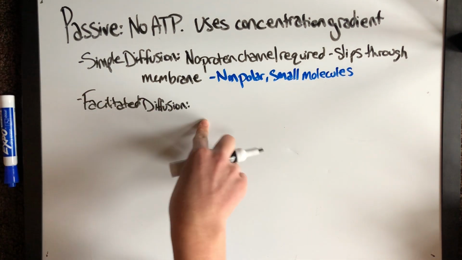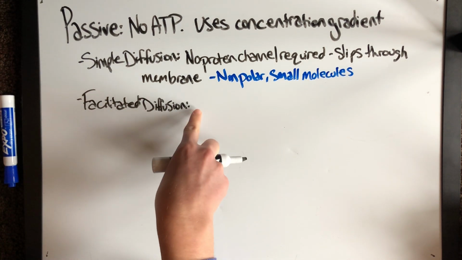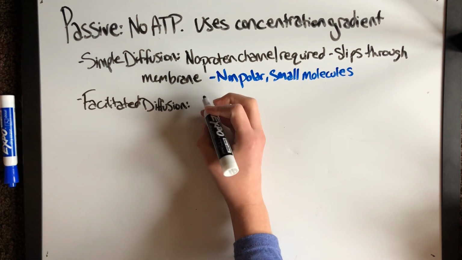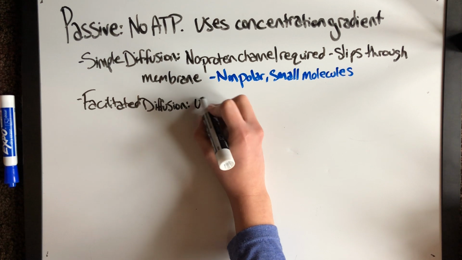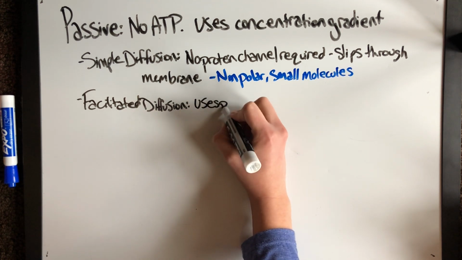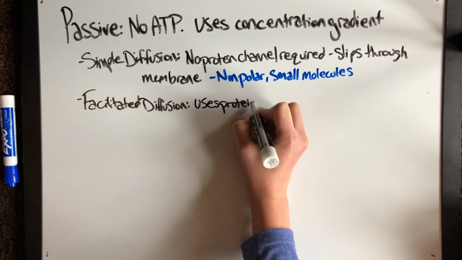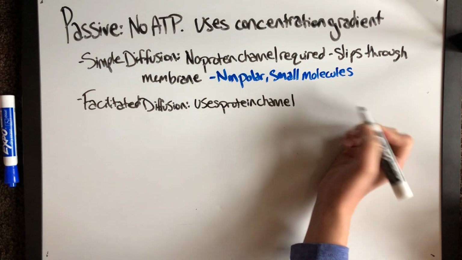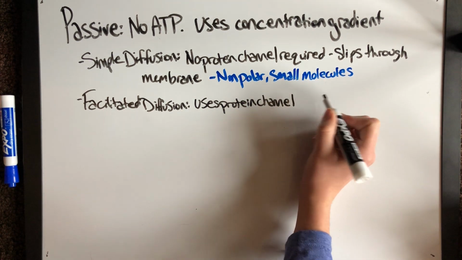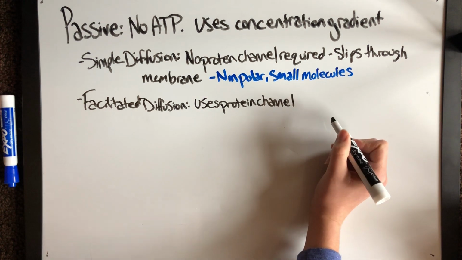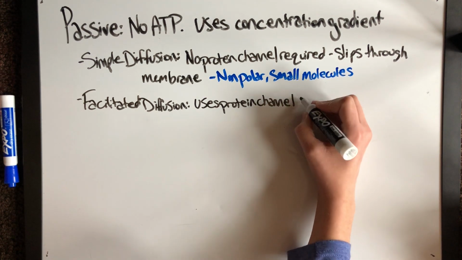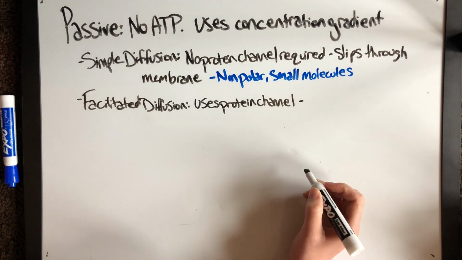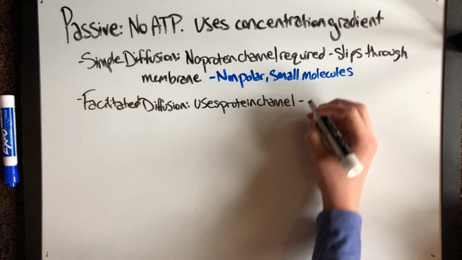So facilitated diffusion, they still don't use ATP, but they need some sort of protein channel to get through the membrane. So it uses a protein channel. The reason why they need a protein channel is because these are either charged, so they're ions, or they're a little bigger molecules, so like our glucose molecules will need facilitated diffusion. Those are like our GLUT4s.